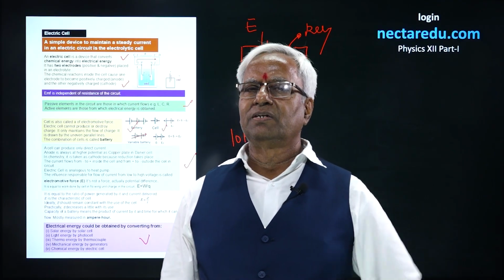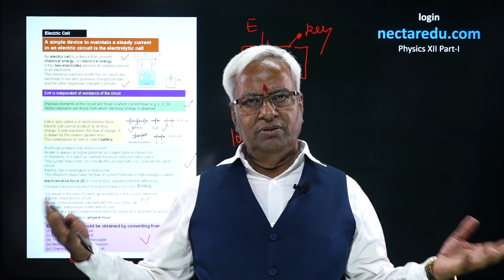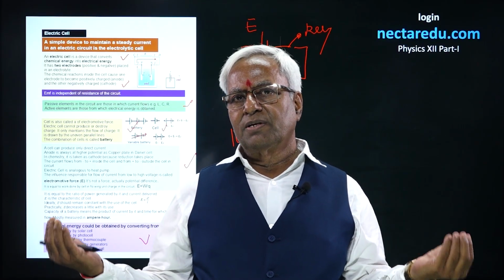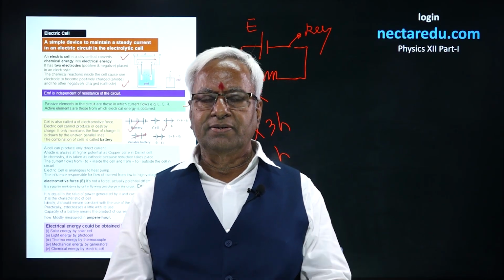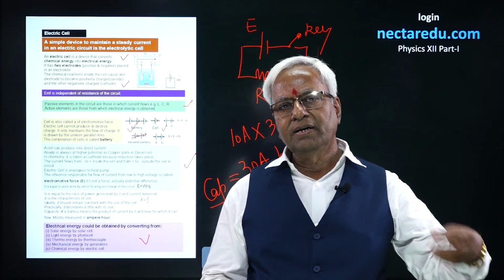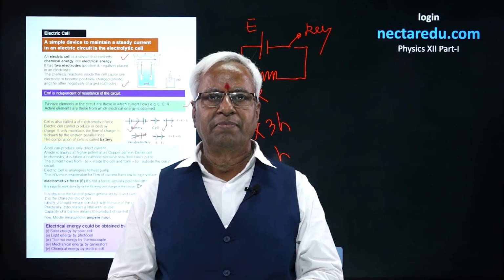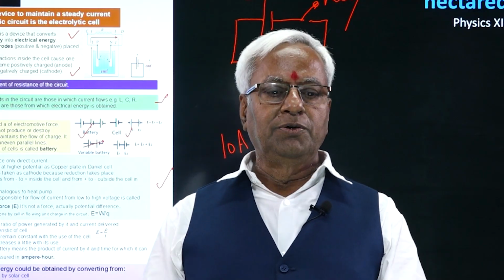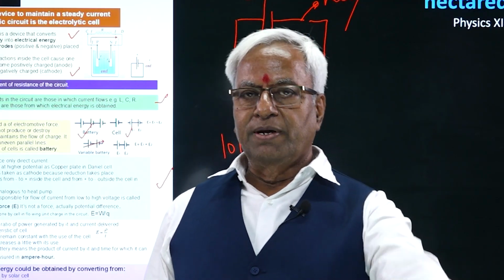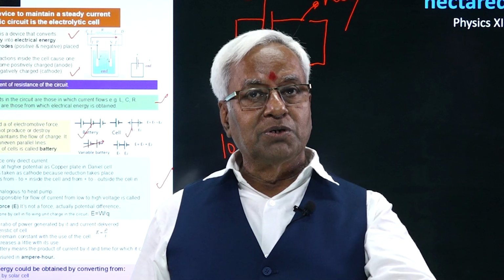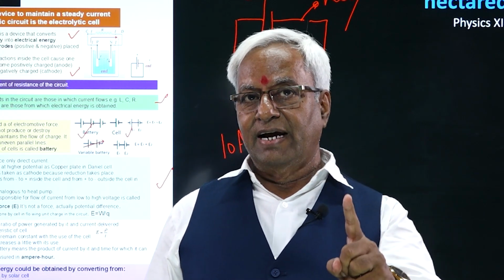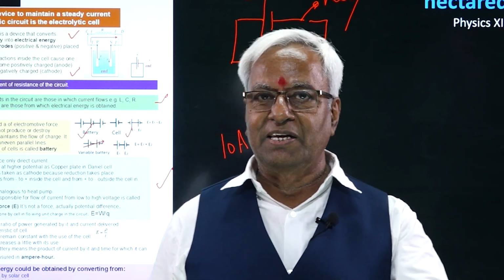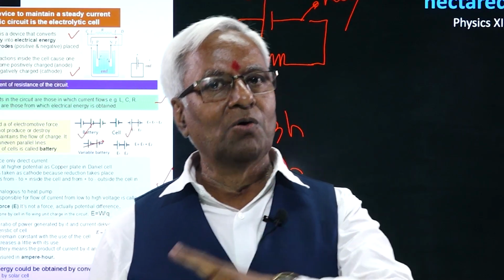You have used the cell, multidimensional uses of the cell you have made, and now this cell is about to be thrown away. It has been used to the maximum. Now it's of no use for you and you want to throw it into the dustbin. At the time you are throwing the cell in the dustbin, at that time also it is having the EMF 1.5 volt.